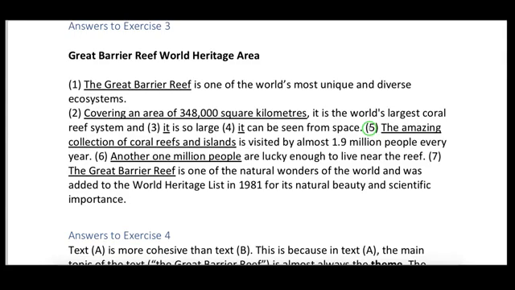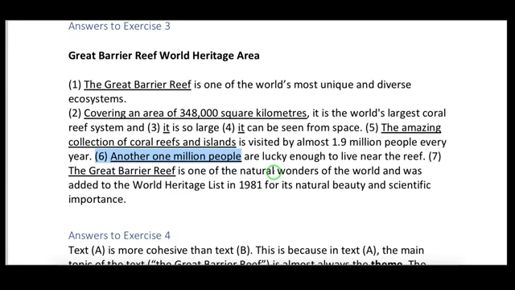We already know this reef and we want to say something new about it. So sentence 5 finishes with 1.9 million people in the focus. And so that is picked up as the theme of the next sentence, another 1 million people. So that flow of information is really nice in this example.